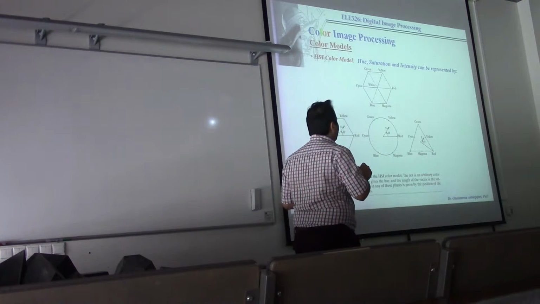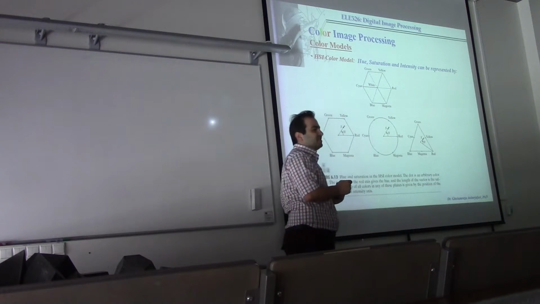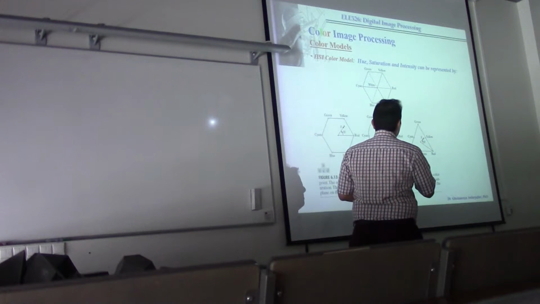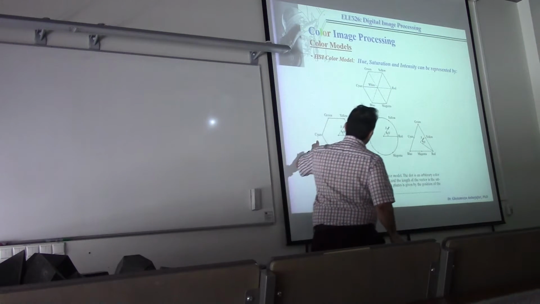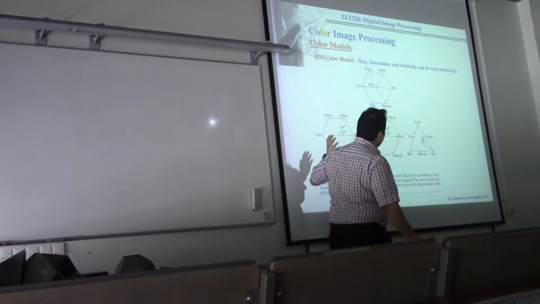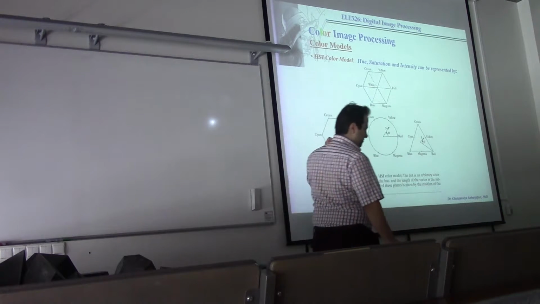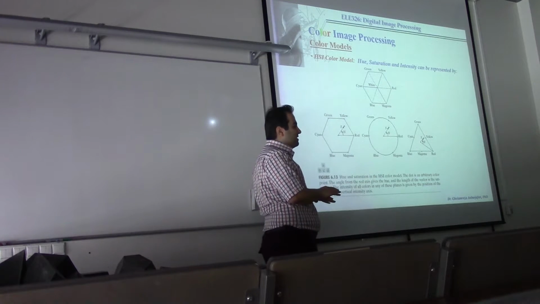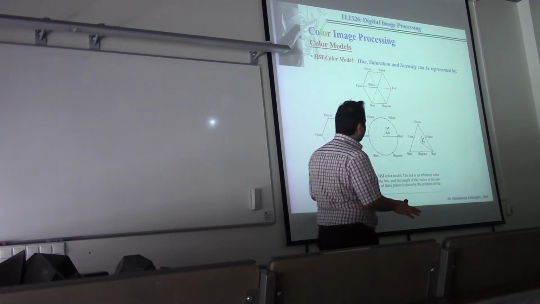It means that we always have the hue matrix in degrees or radians instead of some other values. And also, for the intensity, we just have the gray level of the image.